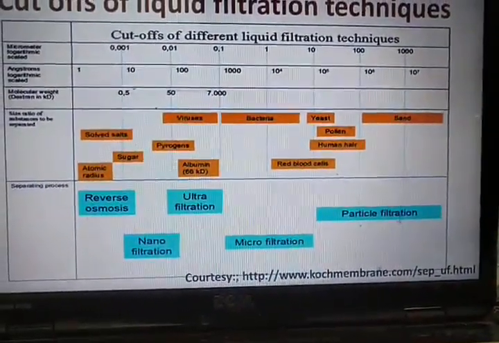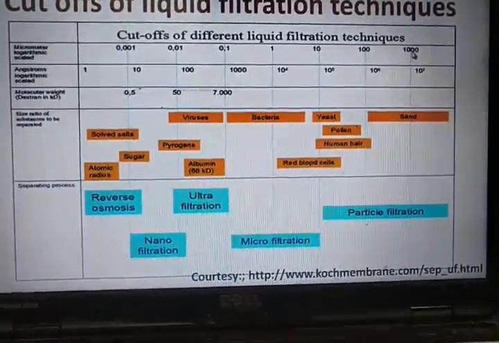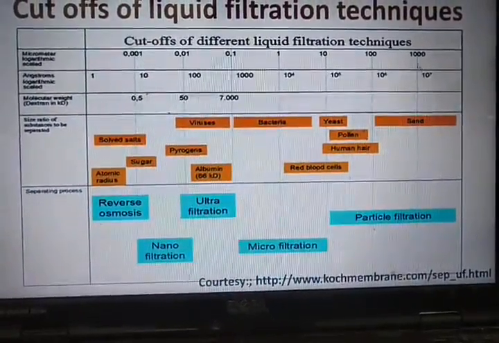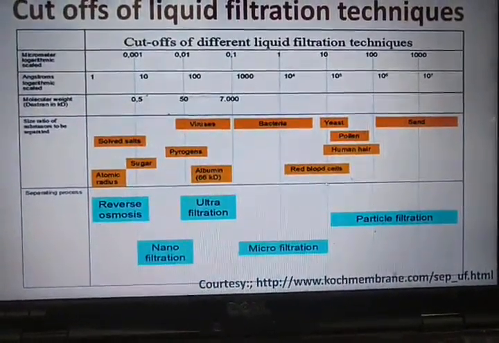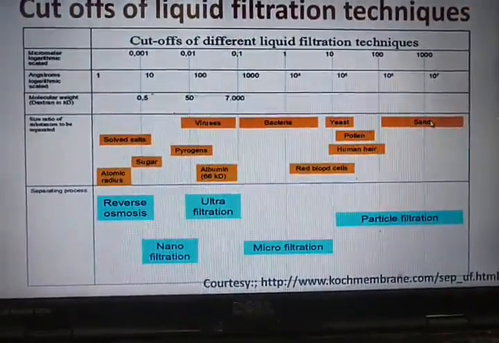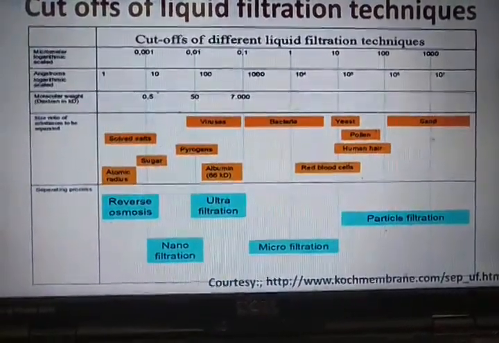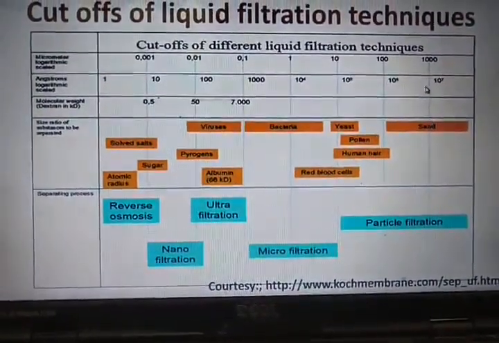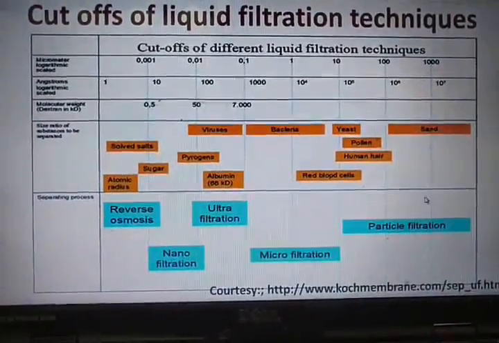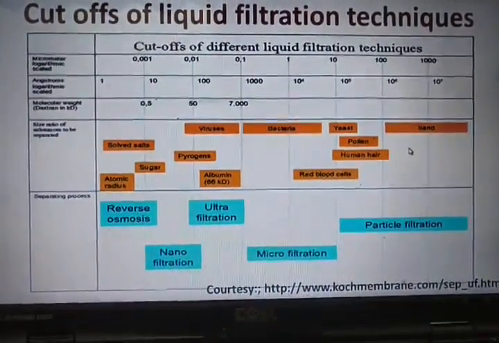Particle filtration comes last, wherein the pore size may be on the order of 1000 micrometers. Here sand is the medium. We can also use cloth filters for purification of water, but for particle size consideration we take sand or particle filtration as the benchmark.